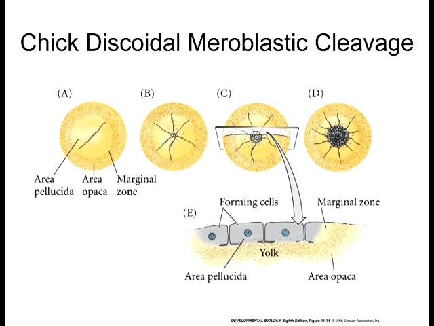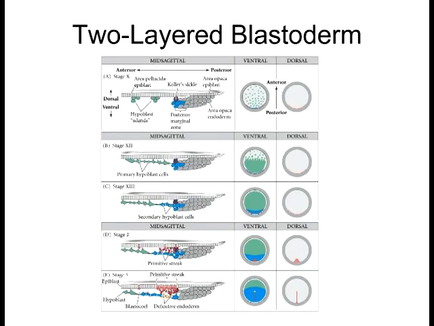So this will eventually form a second layer. The first layer of these cells is what we call the epiblast. So the epiblast, that's what forms the embryo. That will actually form all three germ layers, is these cells. The hypoblast, which is a group of cells that forms just beneath the epiblast, actually do not become the embryo, but they're necessary in the patterning of the embryo from the epiblast.